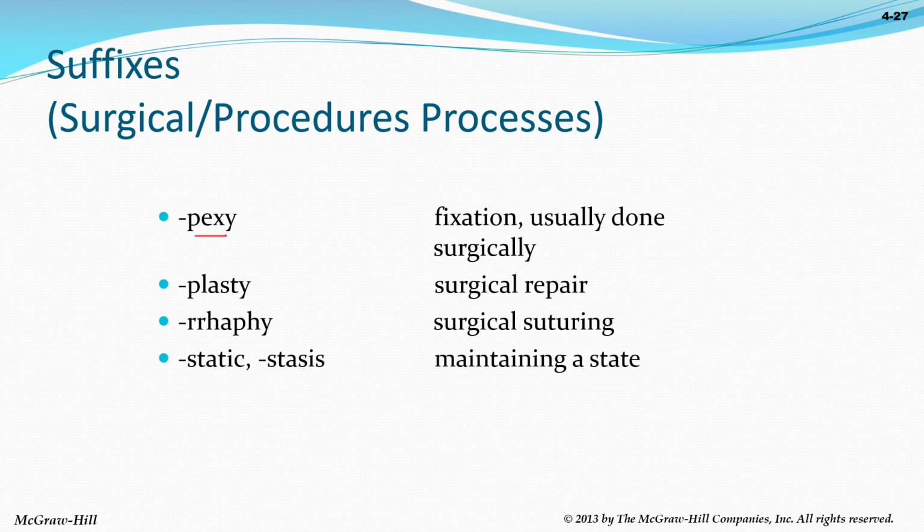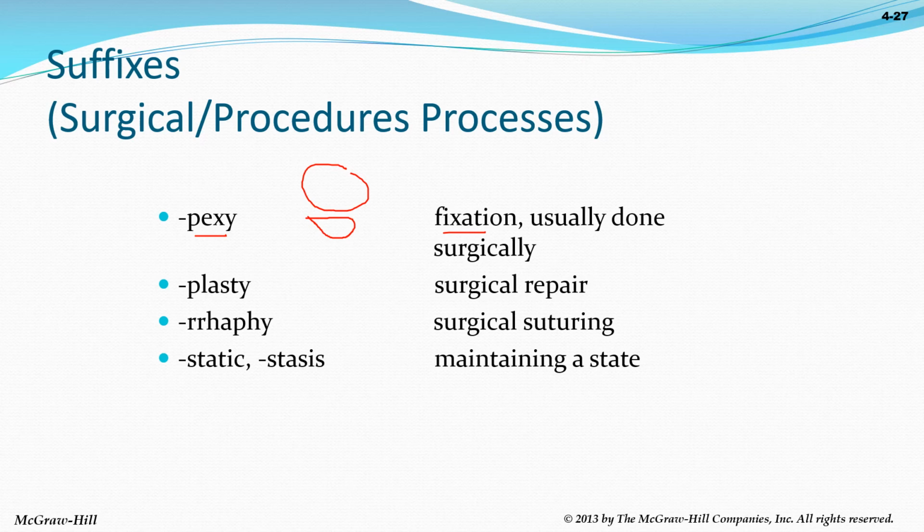Pexy, fixation, surgical fixation. So what happened to the uterus and bladder sometimes after childbirth? What happened, ladies? You got to make room first, right? So the uterus gets bigger, the bladder gets pushed down, and then when the baby pops up, sometimes those parts don't go back in place.